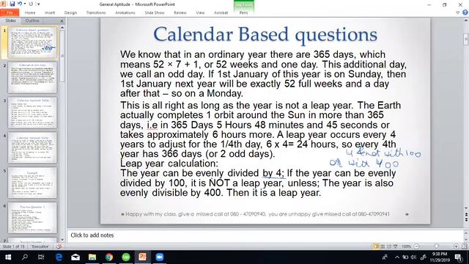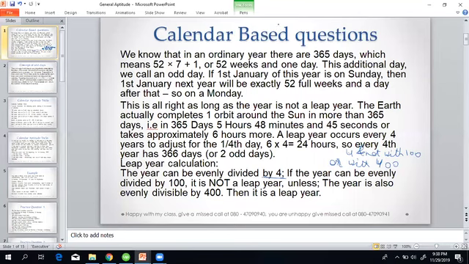If the year can be evenly divided by 100, it is not a leap year unless the year is also evenly divisible by 400. It means the year should be divisible by 4 and not by 100, or by 400. In both these conditions it is a leap year.